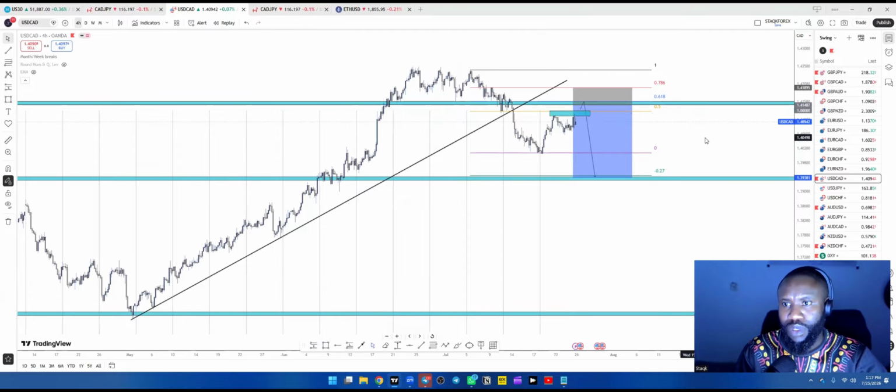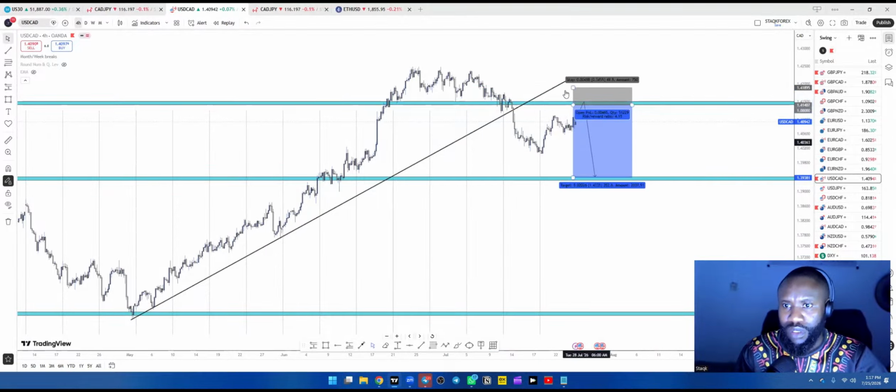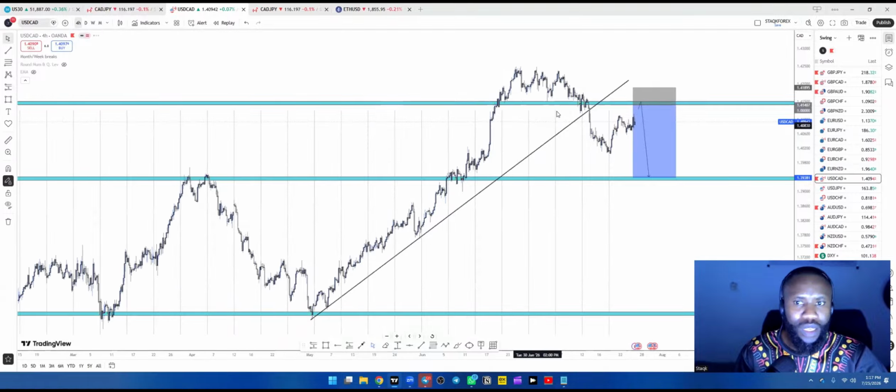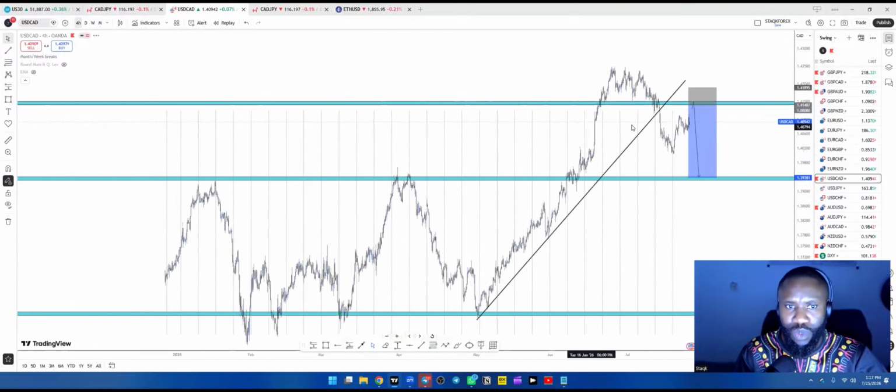But the level I will be looking at is the 0.618 retracement. If that happens, definitely I will be shorting this price from this level down to this level. So let's see the reason why price is giving us a sort of double top here.